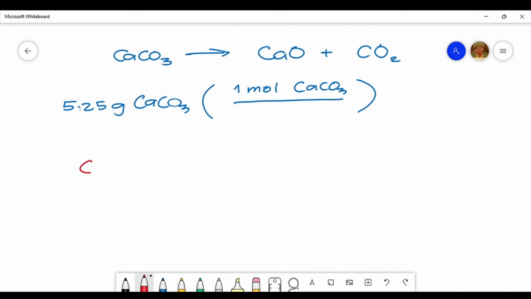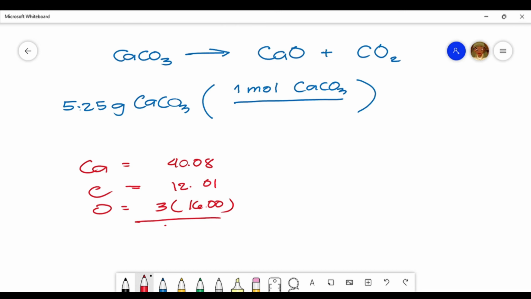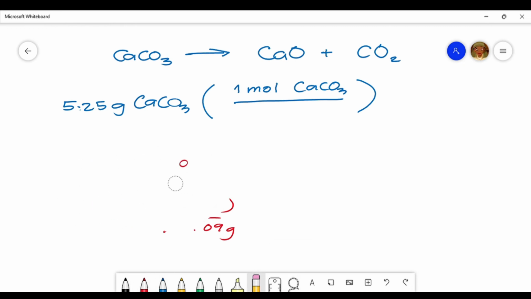We know that Ca is 40.08. Check your atomic mass periodic table. C is 12.01, and O, since you have 3 atoms here, is 16. So the total for this would be 100.09 grams. So I hope you get that one.